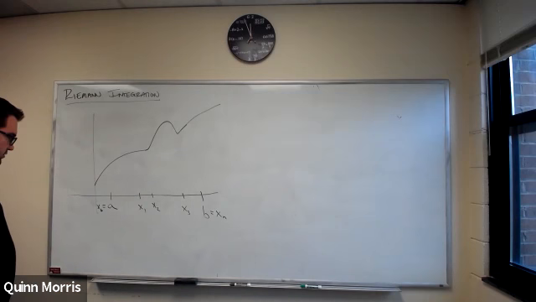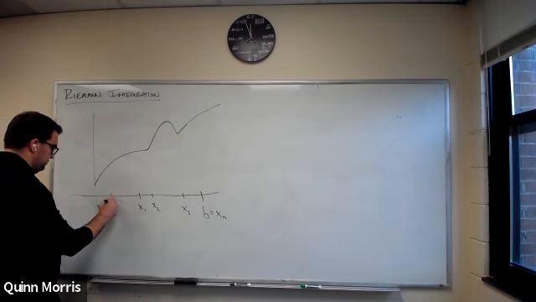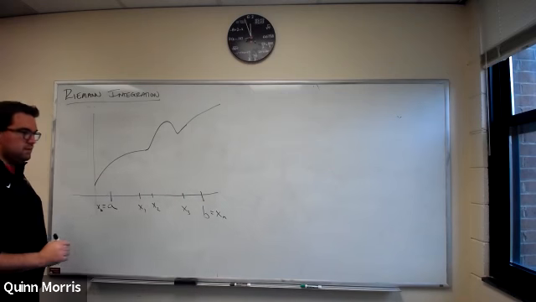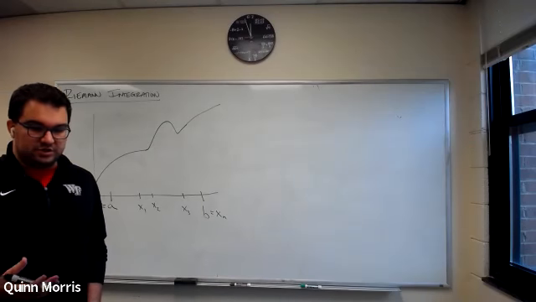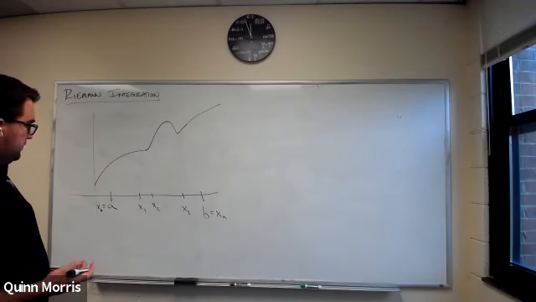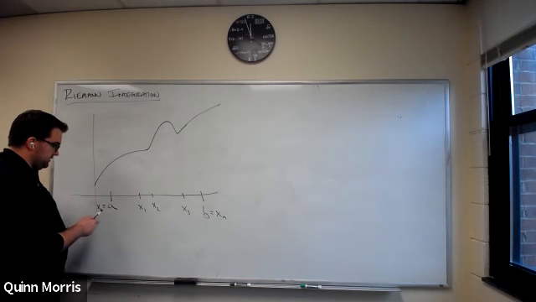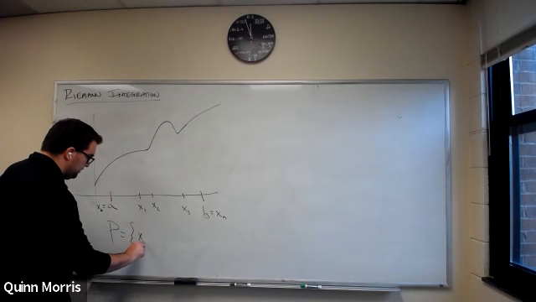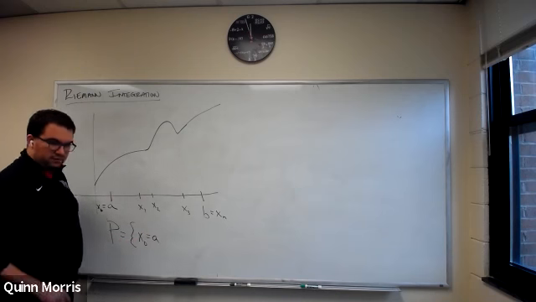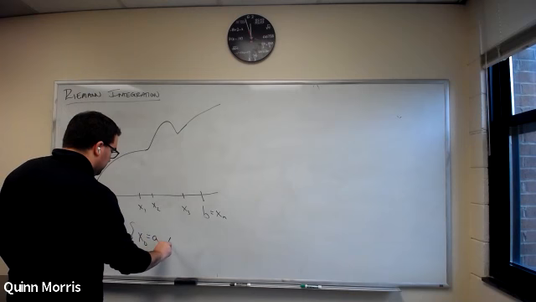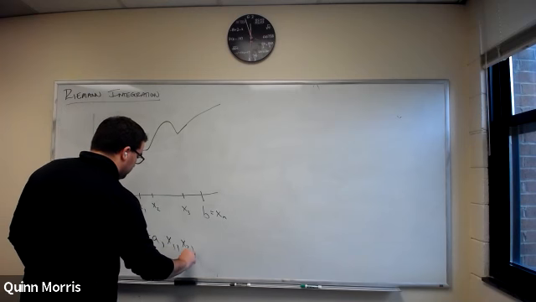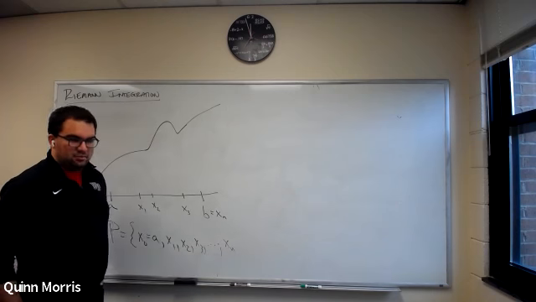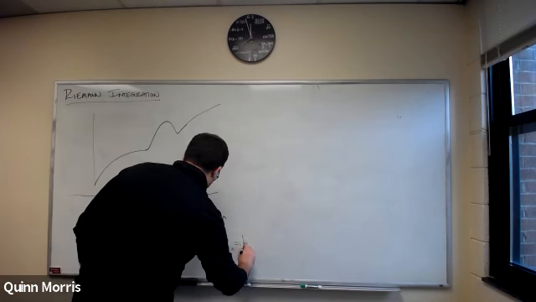If I want to integrate a function using the Riemann integral on some interval a to b, the first thing I'm going to need is a partition of that interval. My partition P is just going to be some collection of points beginning with x0, where x0 is just a by definition, and then some points x1, x2, x3, all the way up to, if I take a partition of n points, my last point, which would be b.